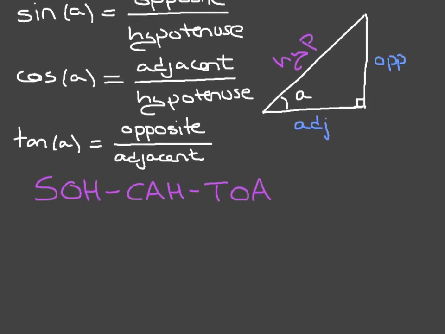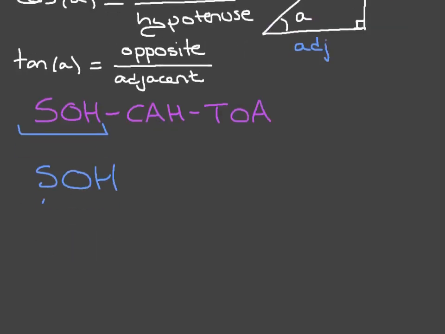I'll start with the first three-letter word, looking at Soh. The S stands for sine, the O stands for opposite, and the H stands for hypotenuse.